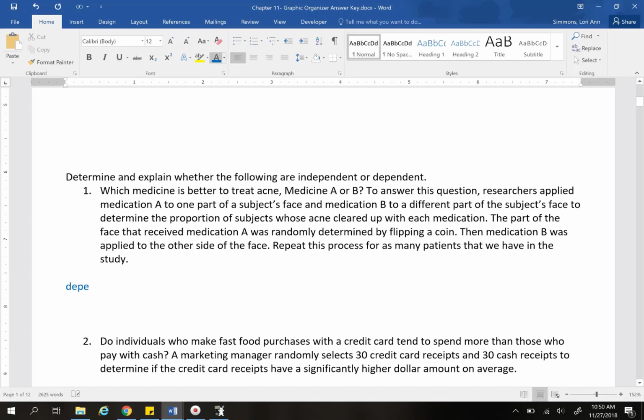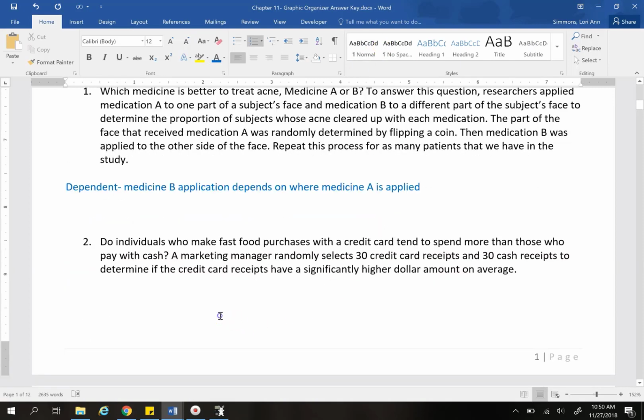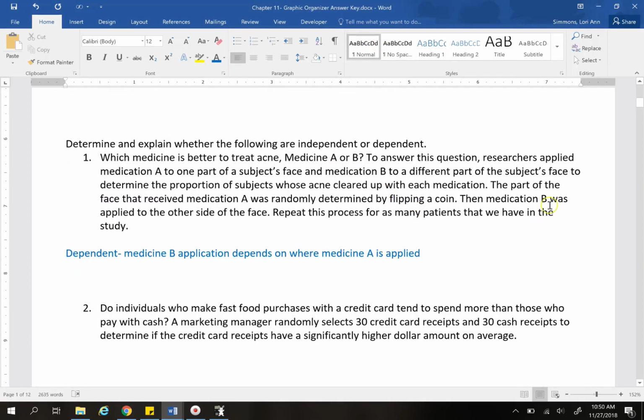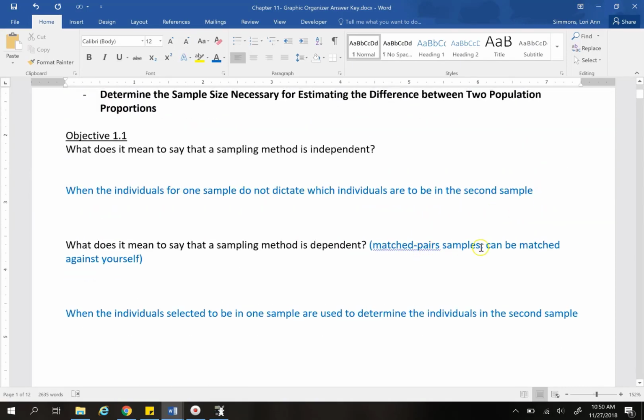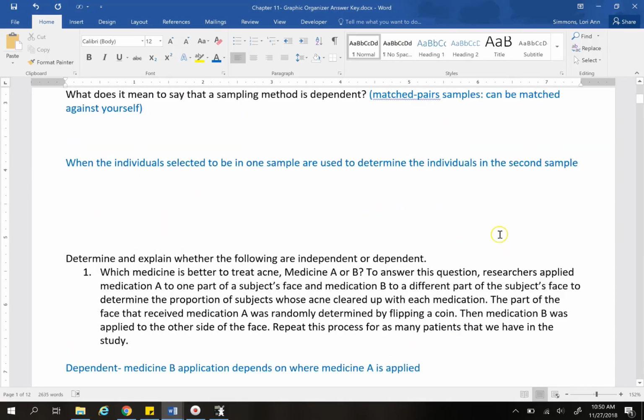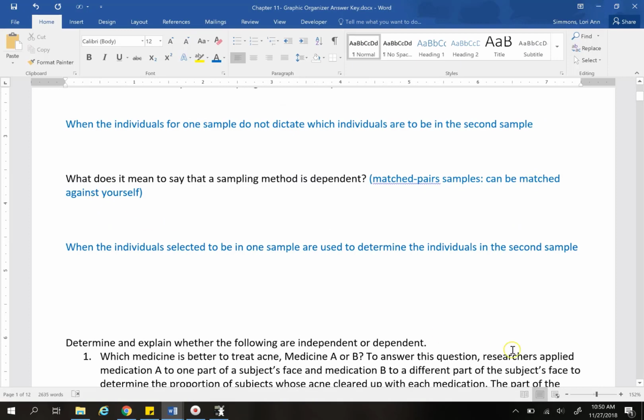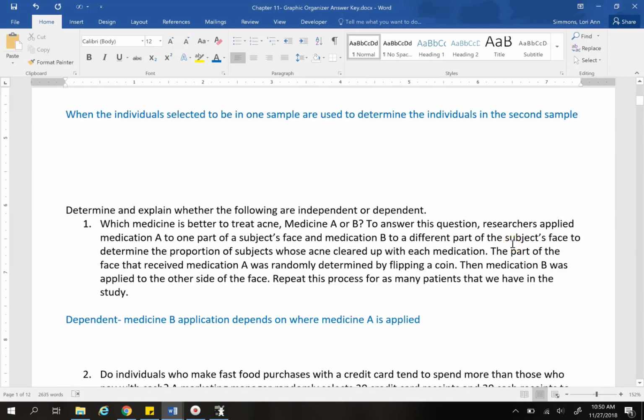This is dependent because medicine B application depends on where medicine A is applied. Right here we have a matched pairs sample. And again, it can be against yourself, so we have the left face versus the right face.